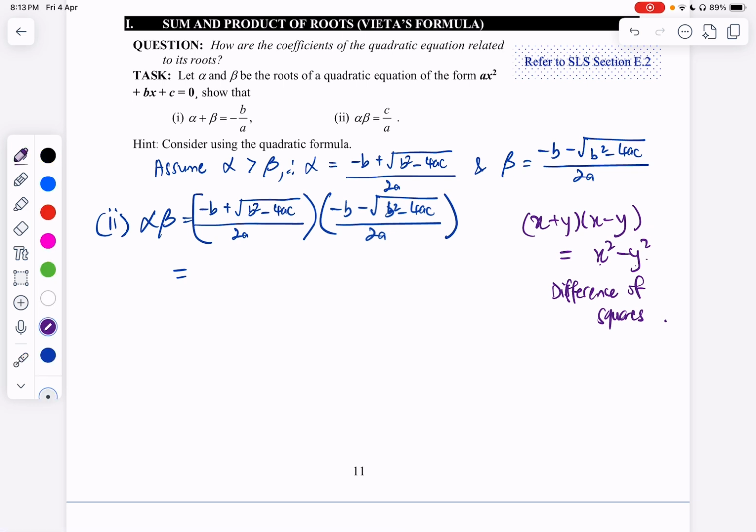I'm going to speed up by using this identity. So I will get minus b squared, where this is my x squared and this is my y squared.